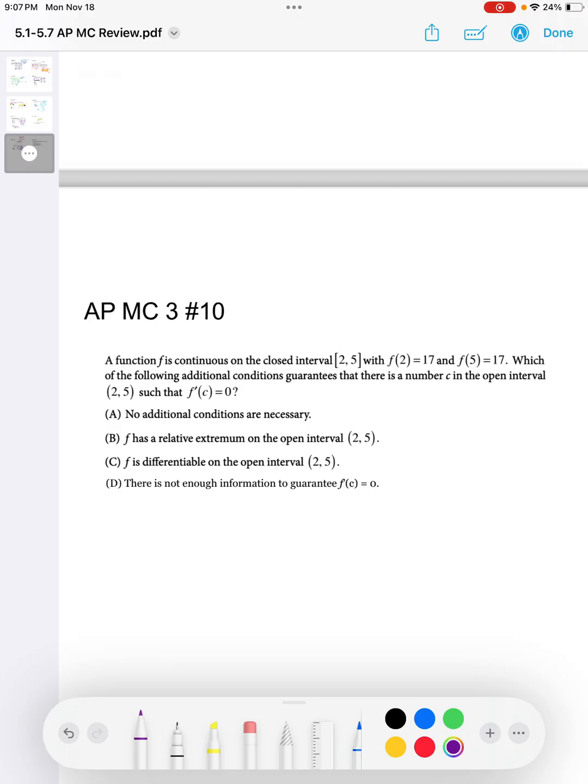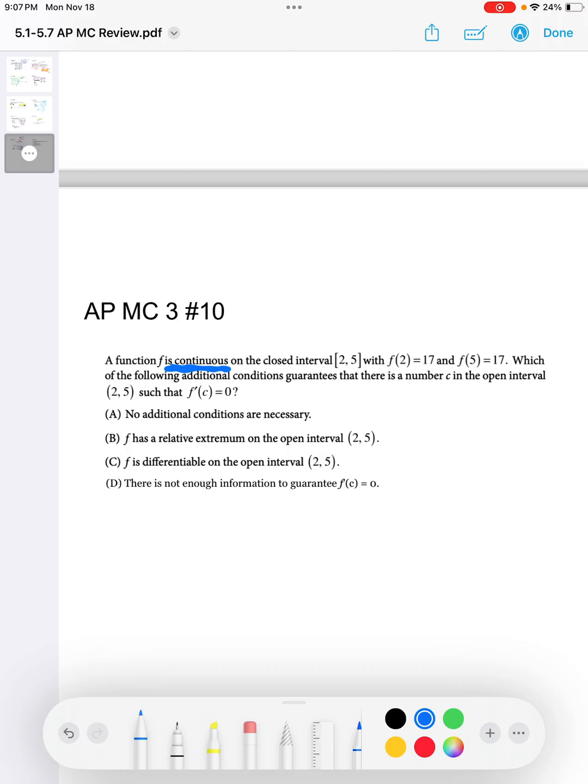All right, last multiple choice question that we have is number 10. Again, there's a little bit of reading here, so we know the function is continuous on the closed interval from 2 to 5, I'm sorry.